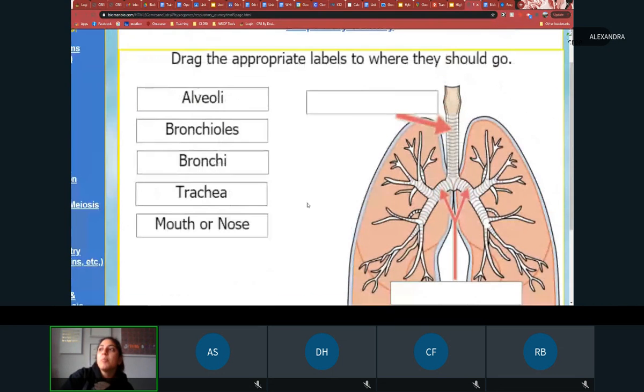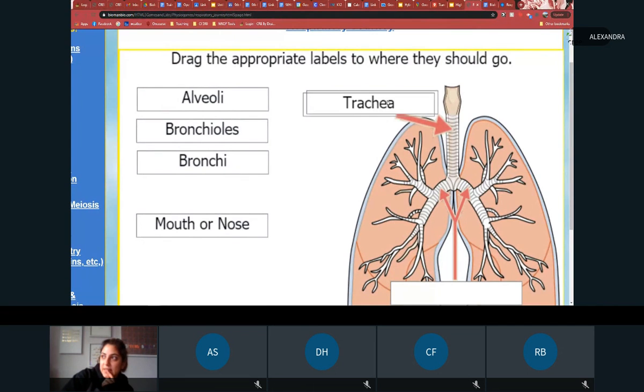Okay, drag the appropriate labels to where they should go. So what is this called? Is it the alveoli, the bronchioles, the bronchi, the trachea, or is that the mouth and nose? All right, the trachea, let's see. Why is this lagging?